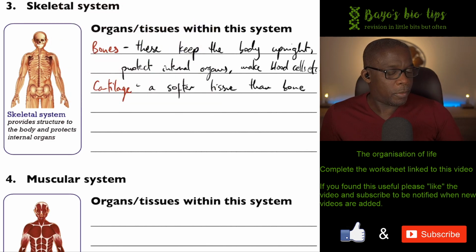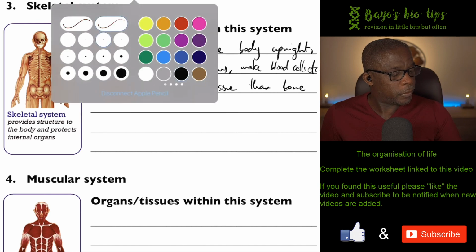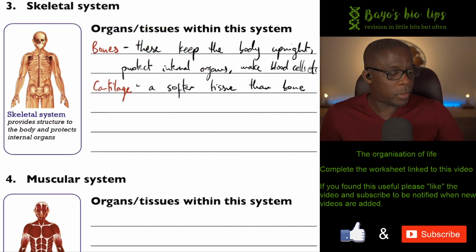So next step, or the next tissue we will discuss. Actually, let's leave that for now. So we've got two examples there of tissues within the skeletal system.